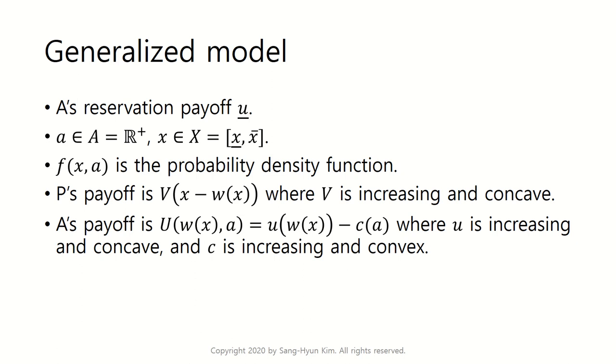So we assume the reservation payoff is U underbar, the effort space is the set of positive real numbers, and the output space is continuous. So x can be very small, like x underbar, and it can be large, like x upper bar, and any number between those two can be a revenue.